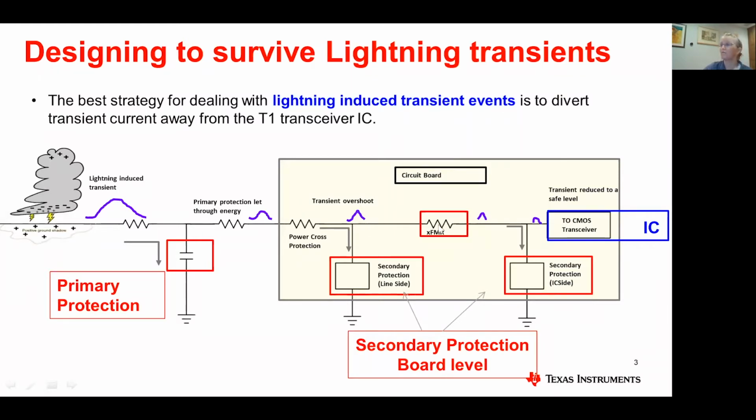The transient overshoot is minimized through every part of the protection, such that when the transient reaches the sensitive CMOS circuit, it's at a safe level. So from a very large event to a very manageable transient, the primary protection and secondary protection system works. This is the concept that I'm going to come back to throughout the talk.